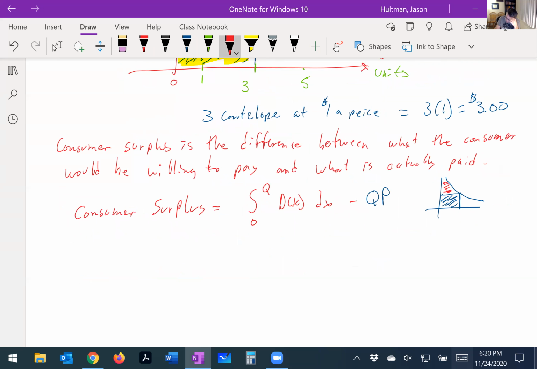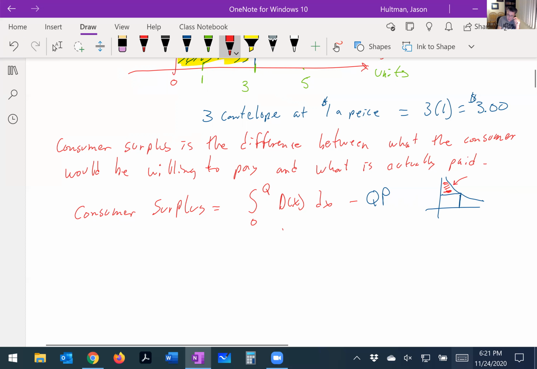We end up with the total area under the curve minus it, kind of like we poke a big hole in the entire area under the curve.